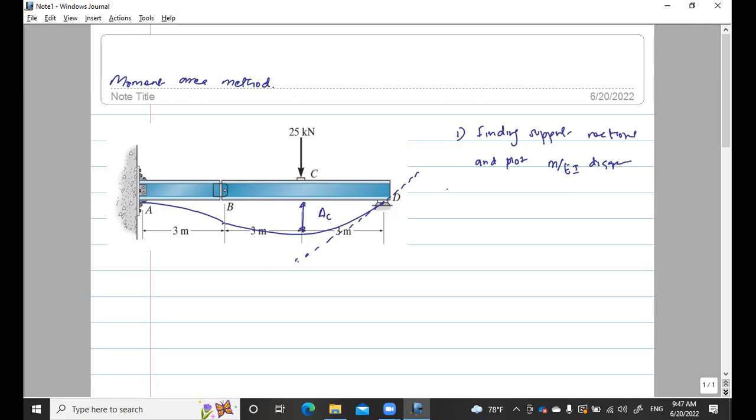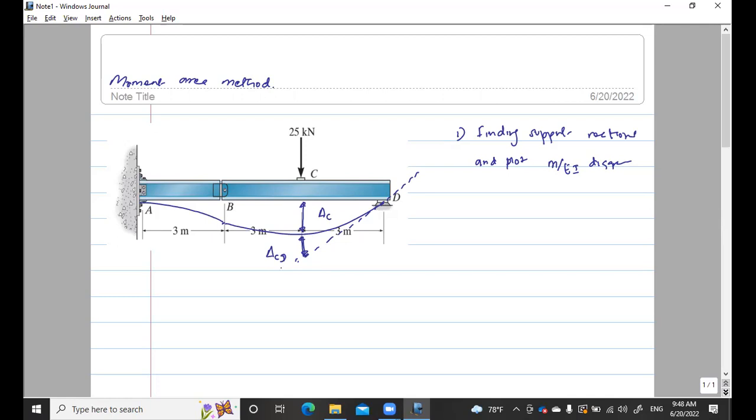But now what we can do is plot a tangential deviation from D, and that is delta CD we can find.